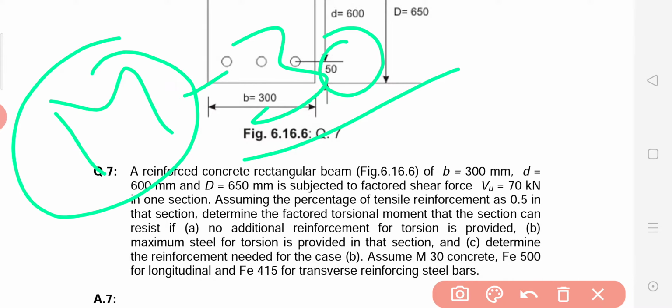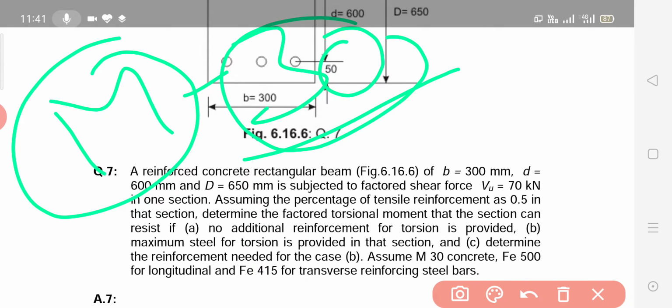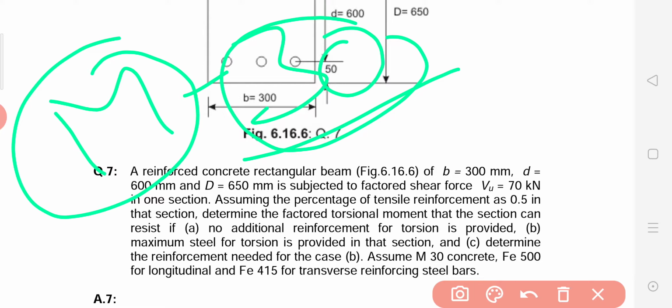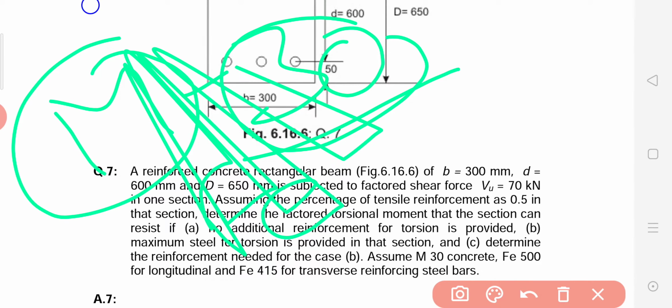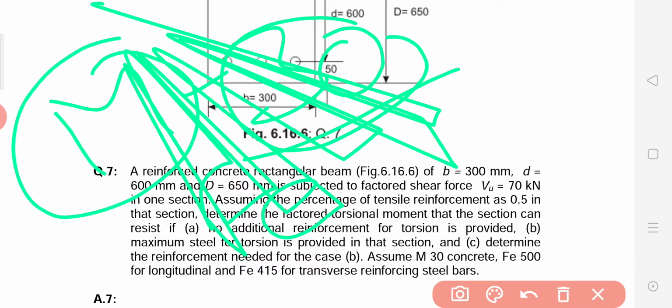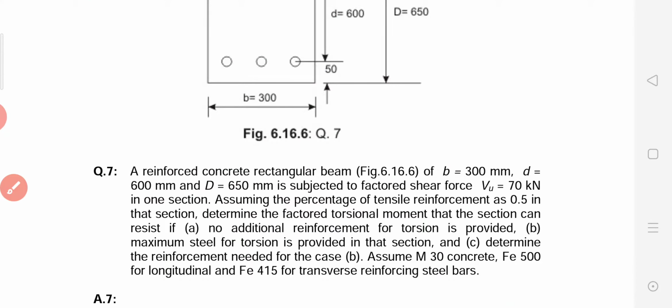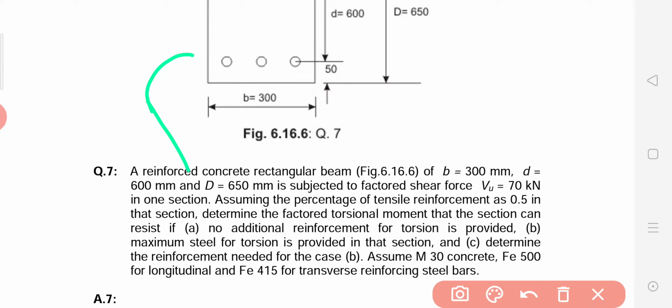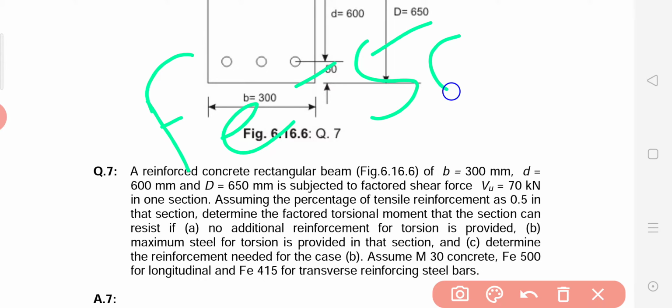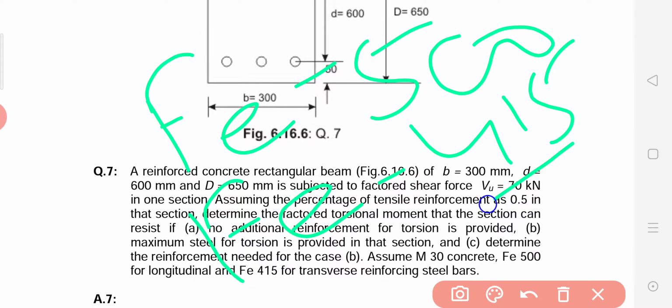This is the mix, and 30 is the characteristic strength, which is 30 Newton per mm square. And here there are two grades of steel: for longitudinal steel the grade is Fe 500, and for transverse reinforcement Fe 415 steel grade is used.